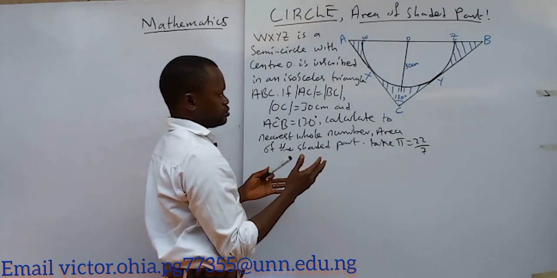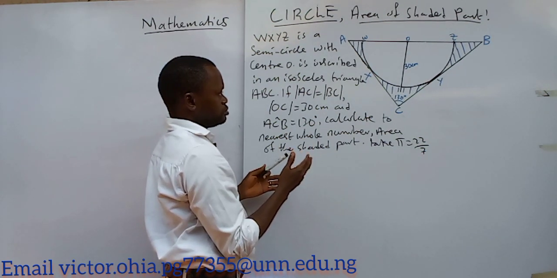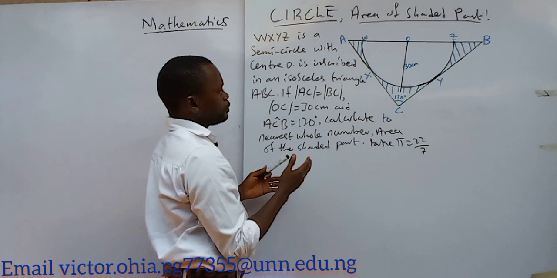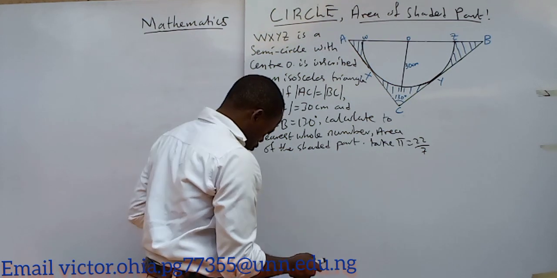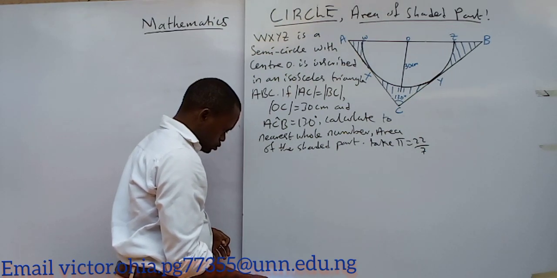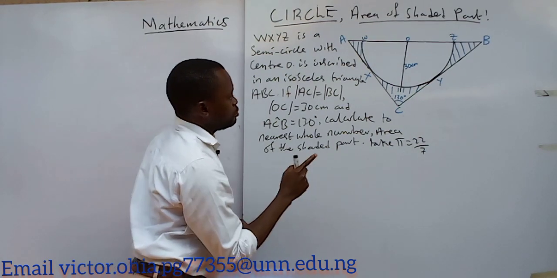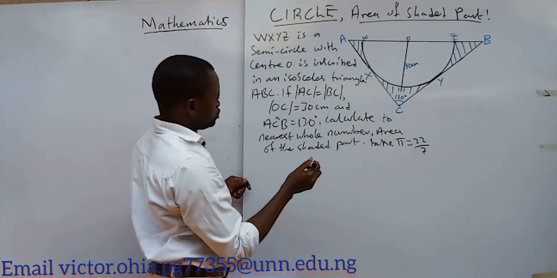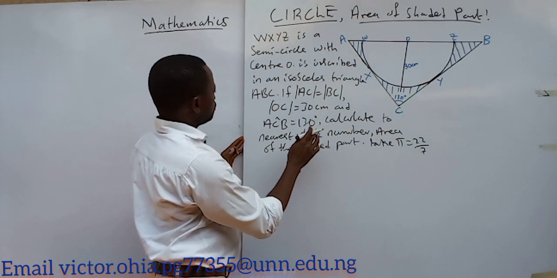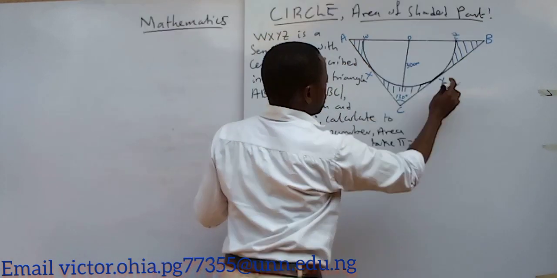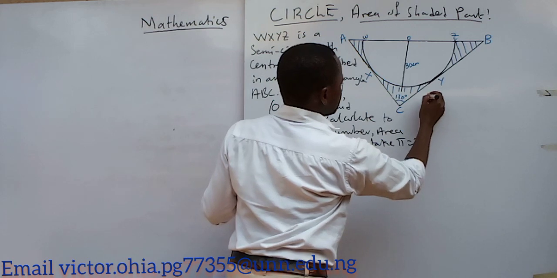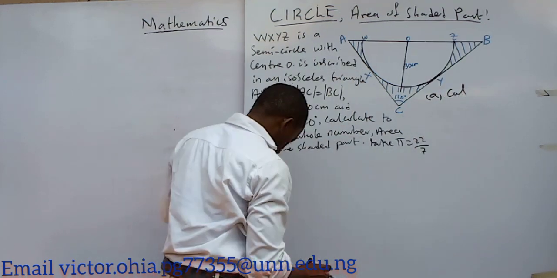This is a semicircle that is inscribed. Oh, I omitted something. The first question there is to calculate the radius of the circle. I think I omitted it.